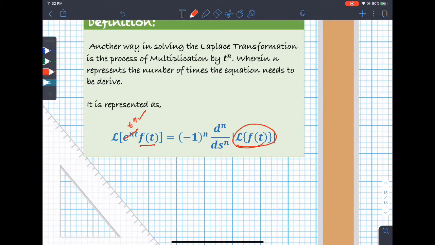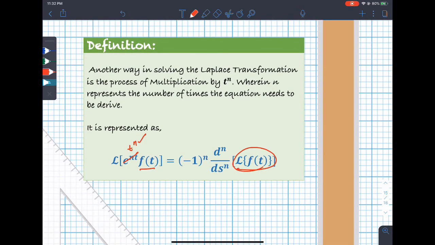Those are the two theorems, or principles, that we will be using in finding the Laplace transform of a product of two different functions.